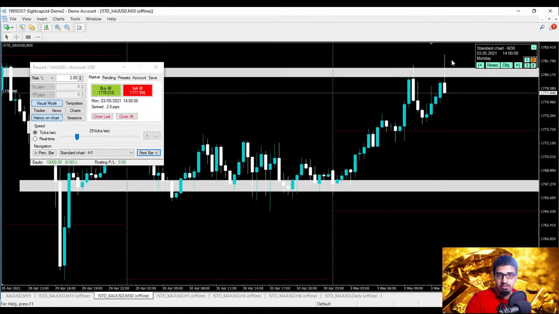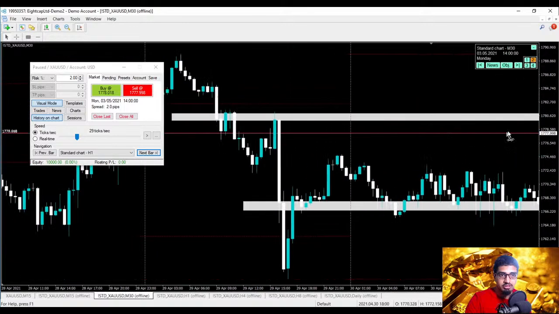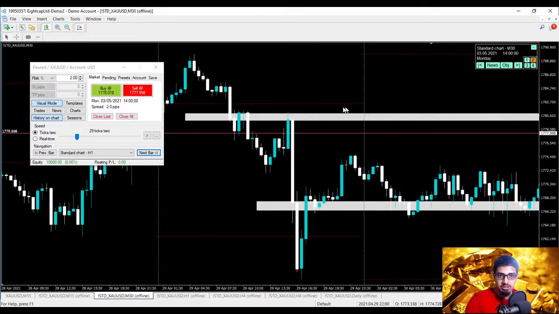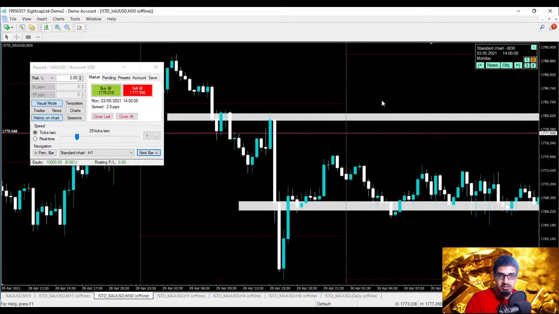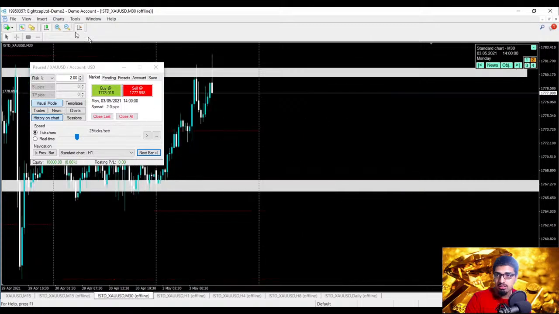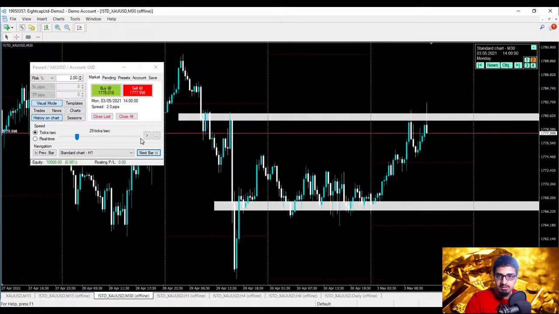So we are getting this rejection. We are sweeping up there, sweeping this liquidity up here. Previous 2 days ago, this high over here. So let's just watch price and see what happens. I might actually just mark up this over here too, because it's been respected quite a bit.